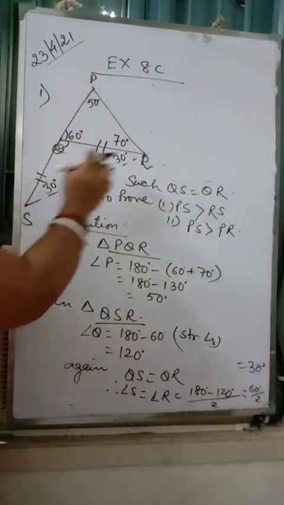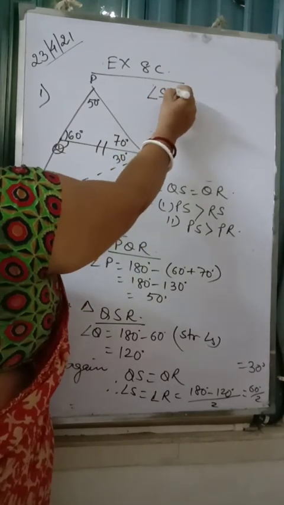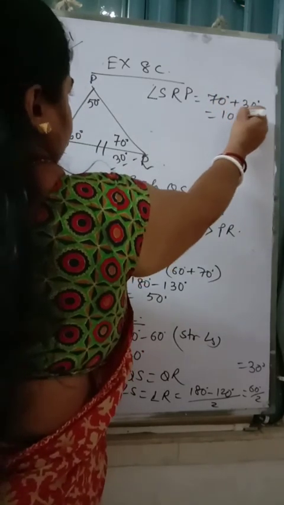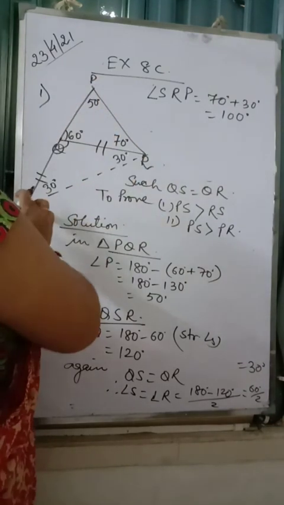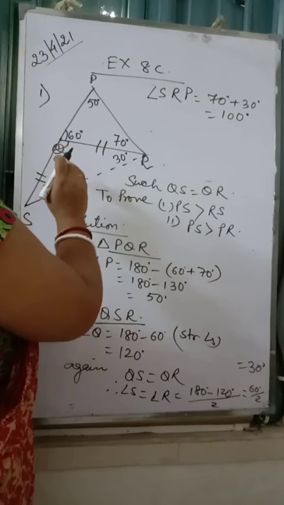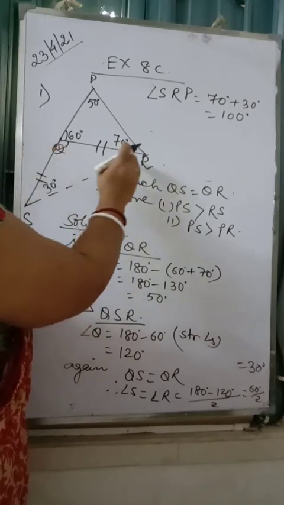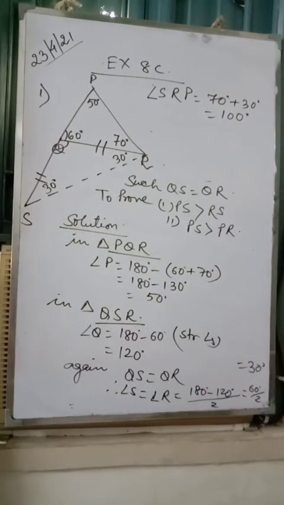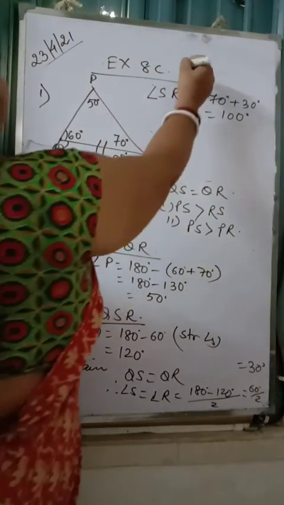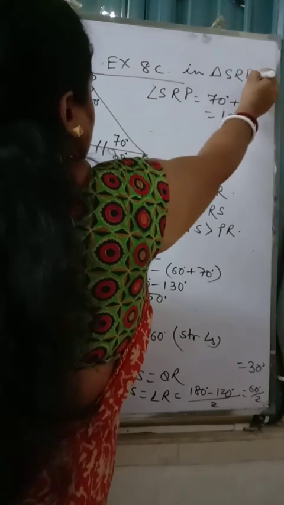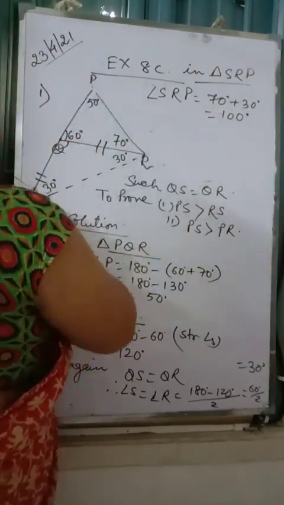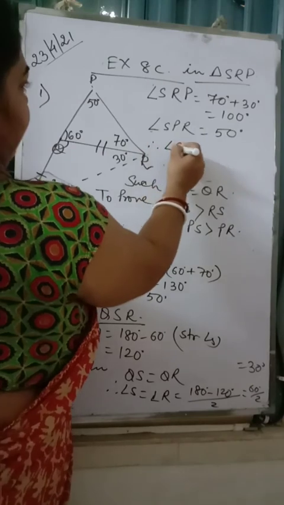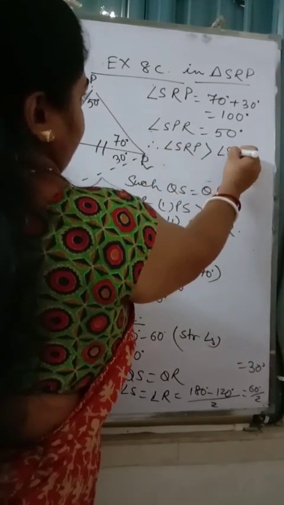We can prove now. The first one was PS. Opposite to PS we have angle R. So angle SRP we are getting 70 degrees plus 30 degrees, 100 degrees, and RS is opposite to angle P. So in triangle SRP, angle SRP is 70 plus 30, 100 degrees, and angle SPR is equal to 50 degrees. So we write angle SRP is greater than angle SPR.